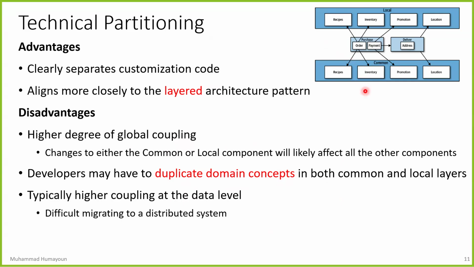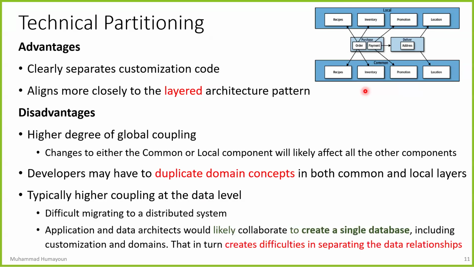So if you develop a database and you want to convert it into multiple databases for a distributed system, it would be really hard. You have to do a lot of work. Okay, so that is technical partitioning. Some advantages, some disadvantages. So customization is really hard for technical partitioning.